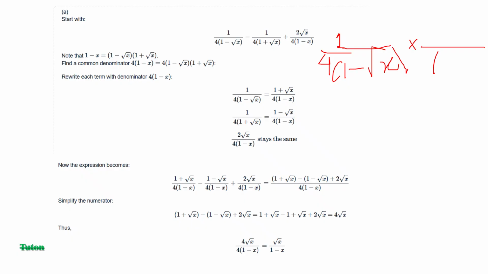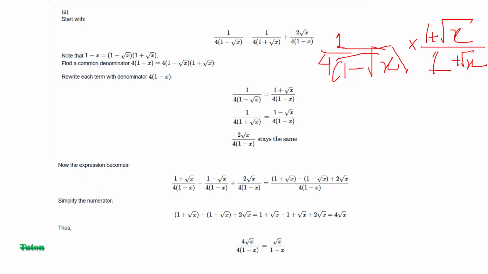Then we have to take the term which has a positive sign. The rest of the terms would be the same. It would be 1 plus root x. It would certainly cancel one another if we cancel it, but we are not doing that for now.